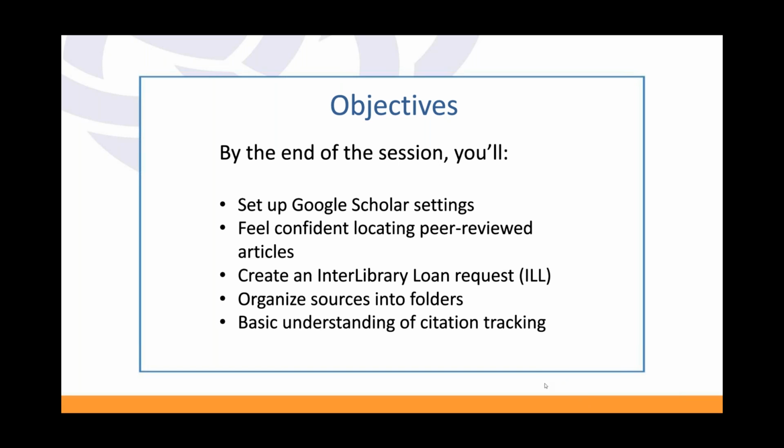And organize sources into folders. And this just makes it easier for you to locate your articles and to access them once you are out of Google Scholar. And I'll briefly go over citation tracking. There is a feature to do that in Google Scholar, and I'll explain a little bit about what that is.